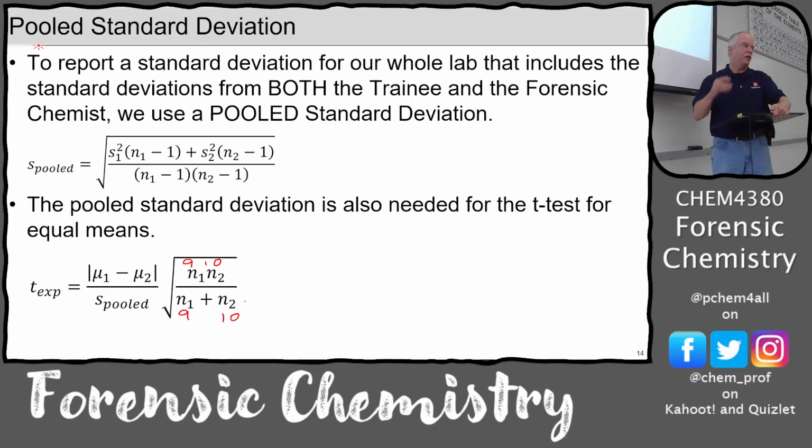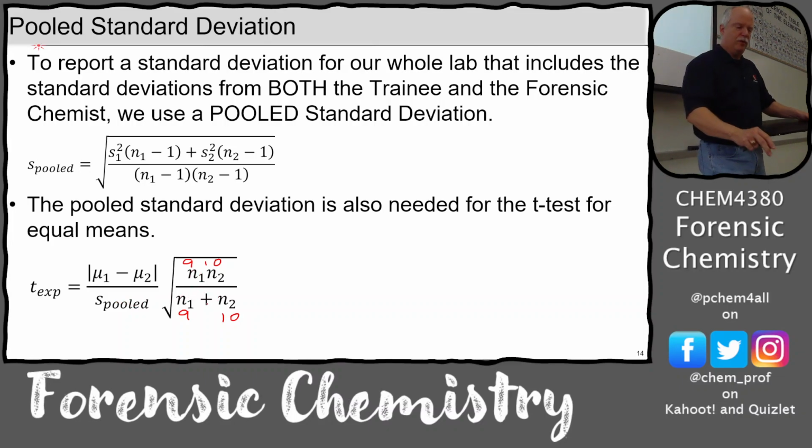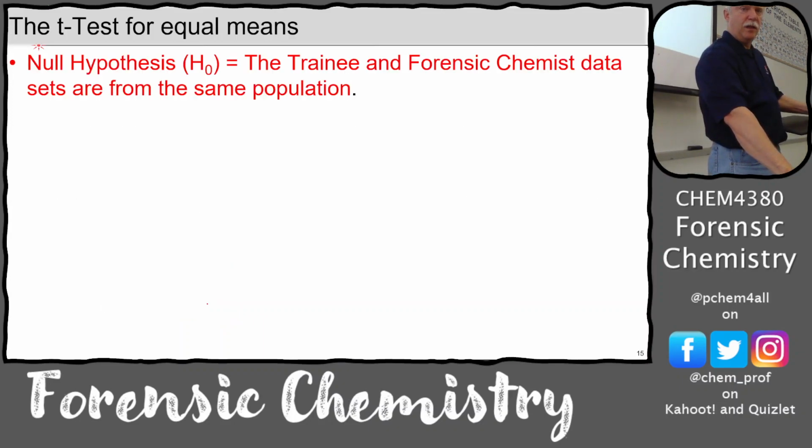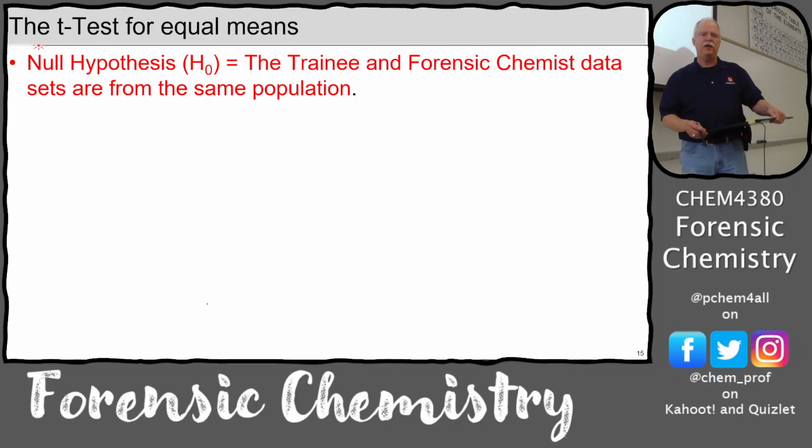So you go in and get the number of data points for each of those. What it's doing is it's testing the difference in the means divided by the pooled standard deviation and scaling that by the number of data points that you have. So here's the null hypothesis for our t-test for equal means.